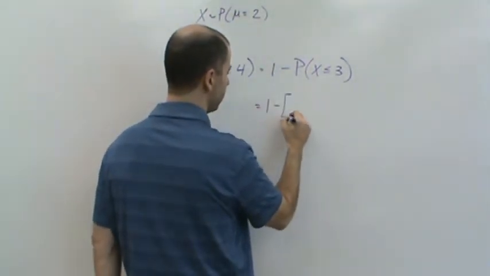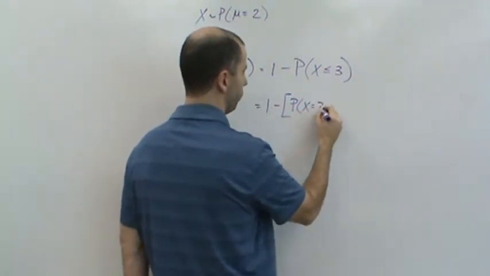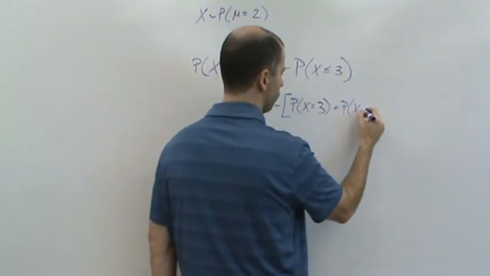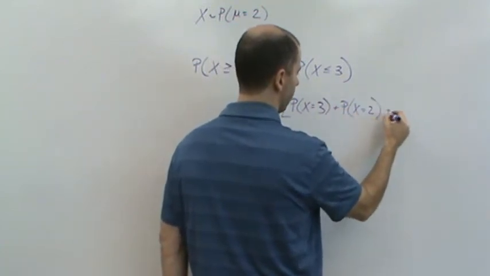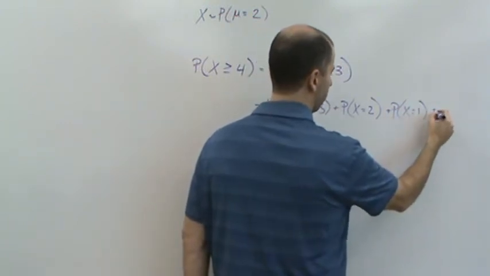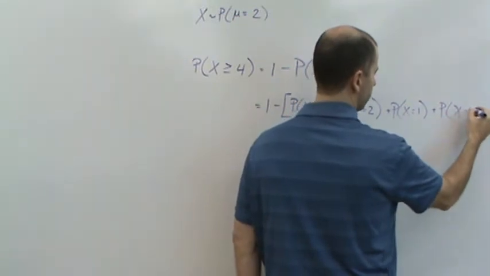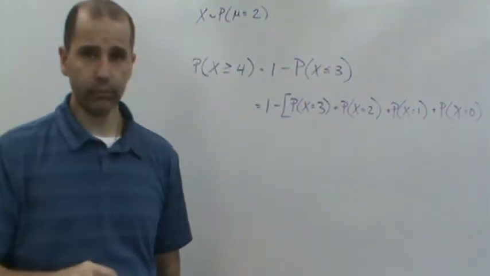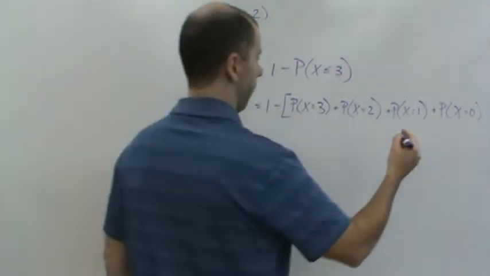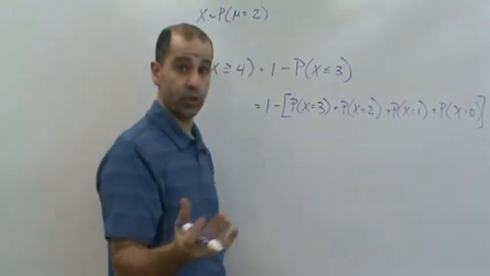Okay? So now, I can figure this out easily, right? Because this is going to be the probability that x is equal to 3 plus the probability that x is equal to 2 plus the probability that x is equal to 1 plus the probability that x is equal to 0, right? And so all I have to do is take all of these probabilities, calculate them using the formula that we just used, right?